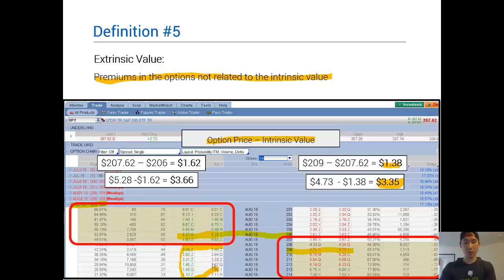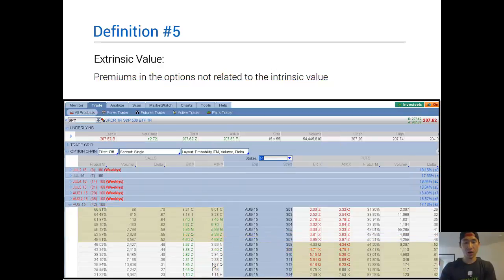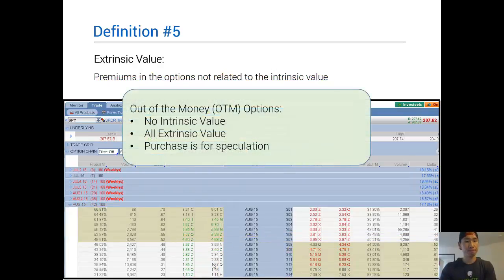The purchase of out of the money options is for speculation, because at this point in time you would not be making any money, so you're purely buying the option on the speculation that the price will either go up for calls or go down for puts.